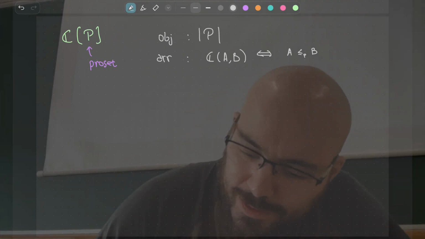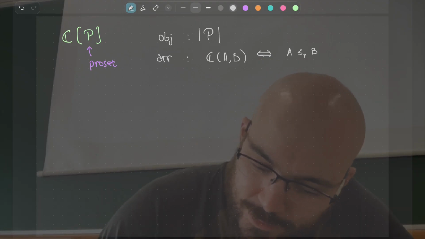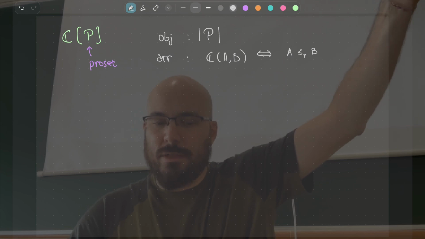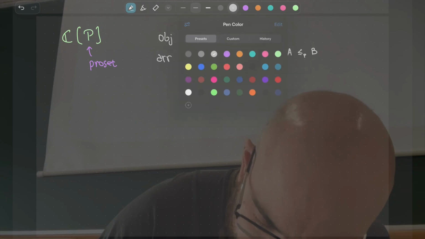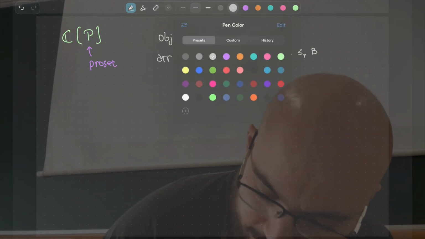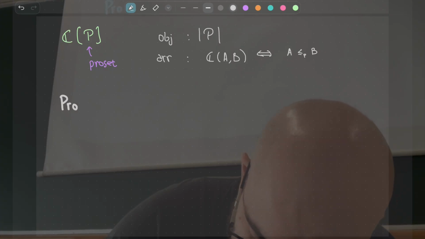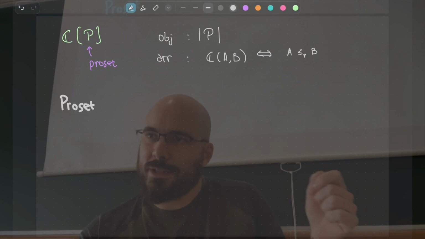Okay, before I get to a similarly interesting construction, so we've seen here categories as a generalization of prosets. Now, just to confuse you, let's see a different category which is called Proset. The important things in categories are the arrows, essentially.